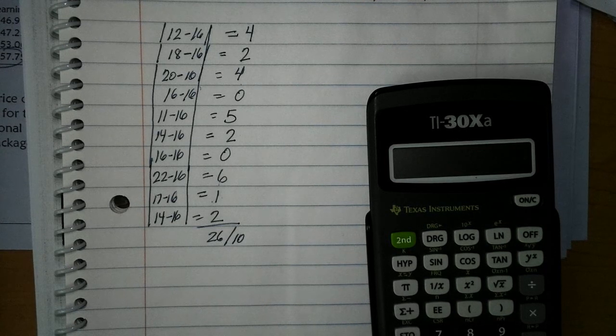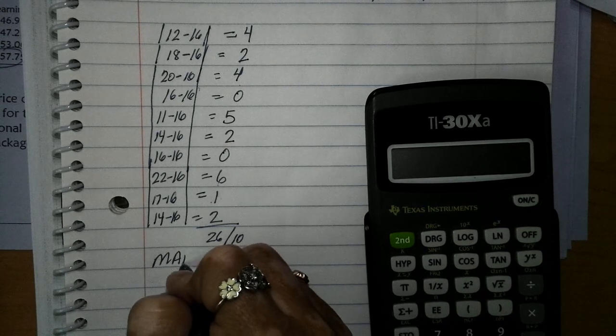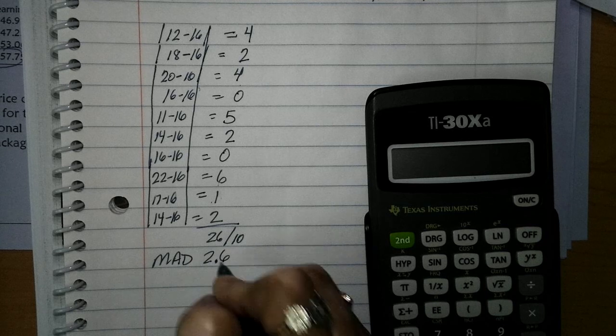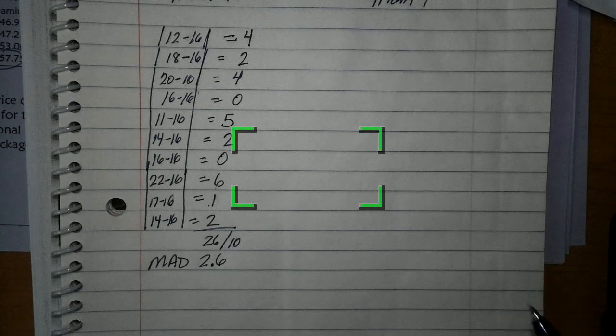All right. So the MAD of this one would be 2.6. Okay, then we do the next one.